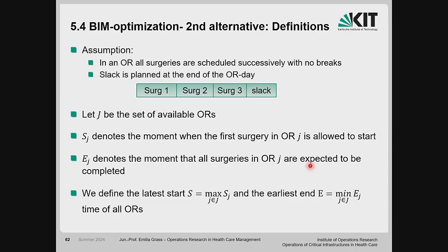So in between we have surgeries, and we finish at 4 p.m., 4:30, and 5 p.m. The earliest finishing time would be the last one, so 4 p.m. And in between 9 a.m. and 4 p.m., all operating rooms are busy and occupied.